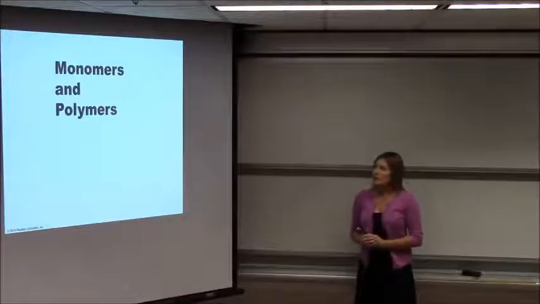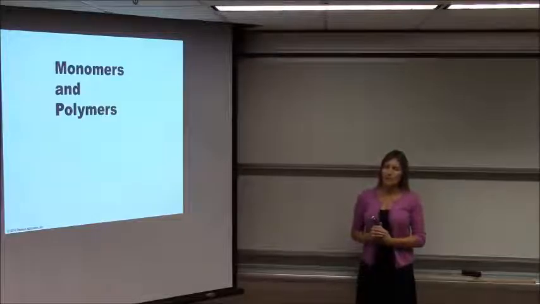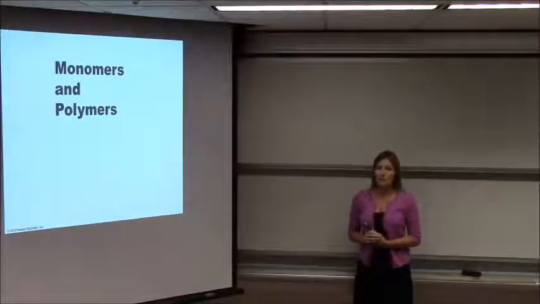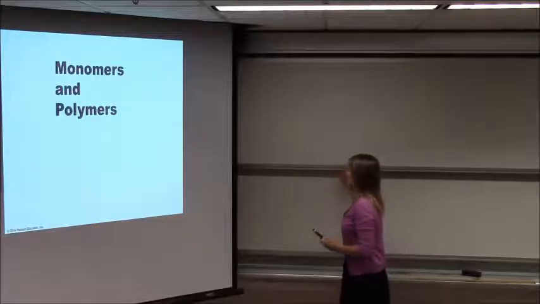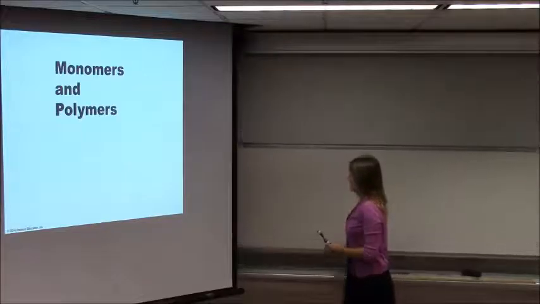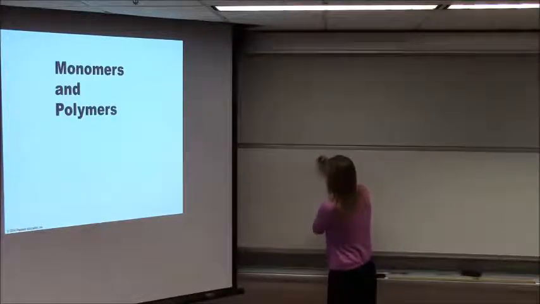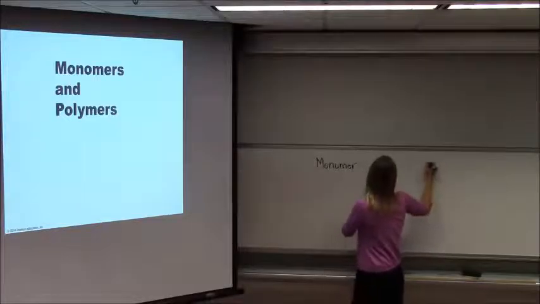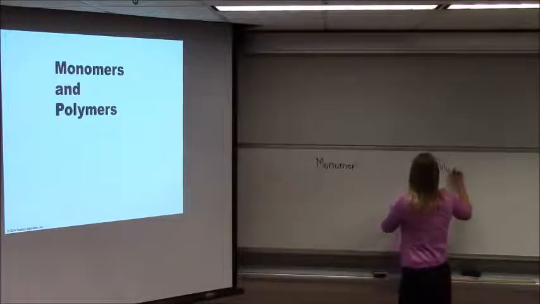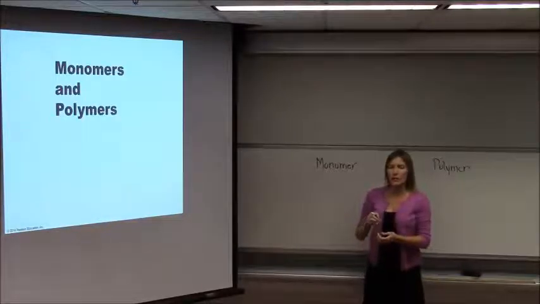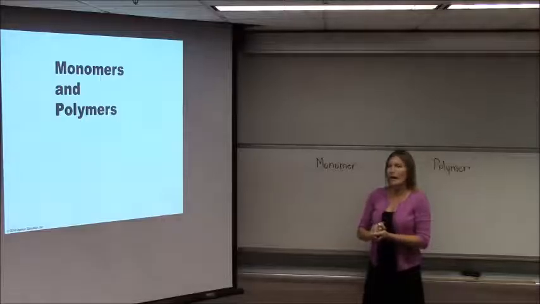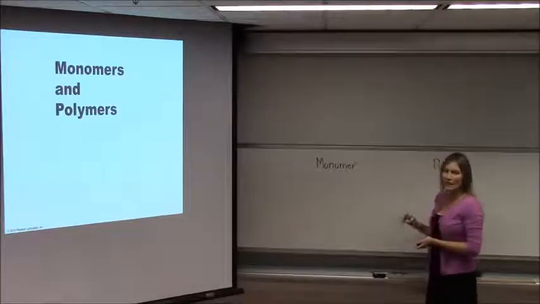But before we understand macromolecules, we have to talk about 2 very important terms, monomer and polymer. You might have heard this term polymer in particular when we're referring to certain types of chemicals. Let's talk about what those terms really mean. Monomer and polymer. You can think of a monomer as really just being a unit, an individual unit, and then the polymer is going to be a chain of those units.